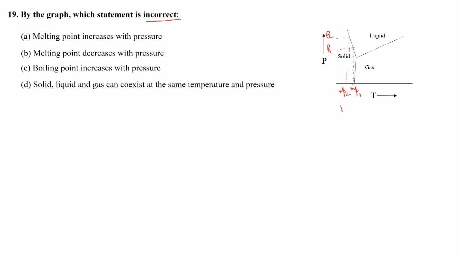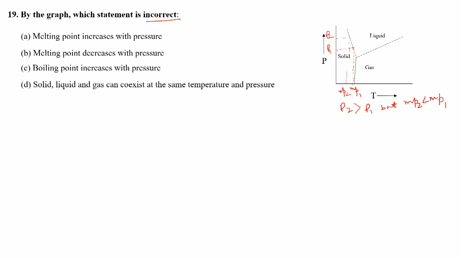So P2 is greater than P1 because pressure increases in this direction, but MP2 is less than MP1, right? So this is the incorrect statement here. Let's see the other one. Melting point decreases with pressure. This is the correct option.